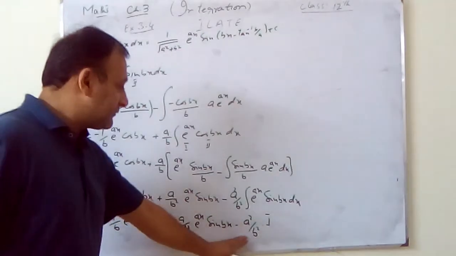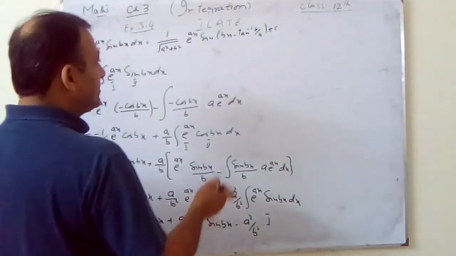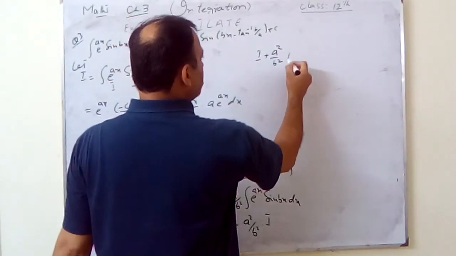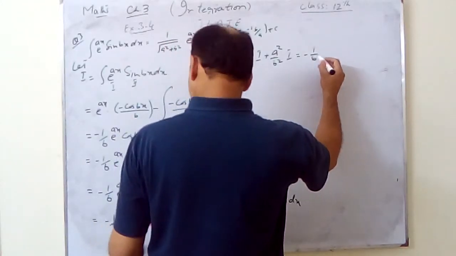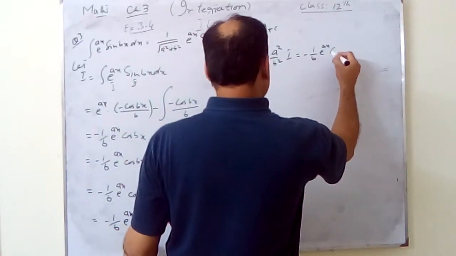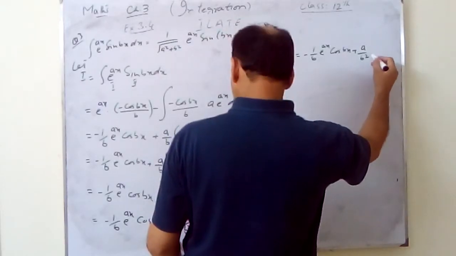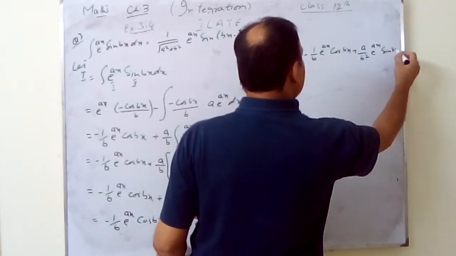So here take this value from right to left. We get I plus a square over b square I is equal to minus 1 over b e power ax cos bx plus a over b square e power ax sin bx.